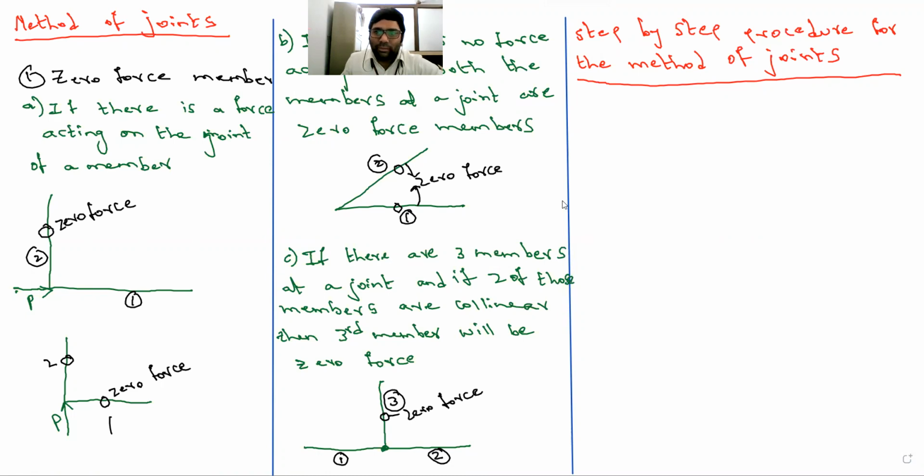Step by step procedure for the method of joints. Very important concept. Now let us see the step by step process for the analysis of a truss using method of joints.